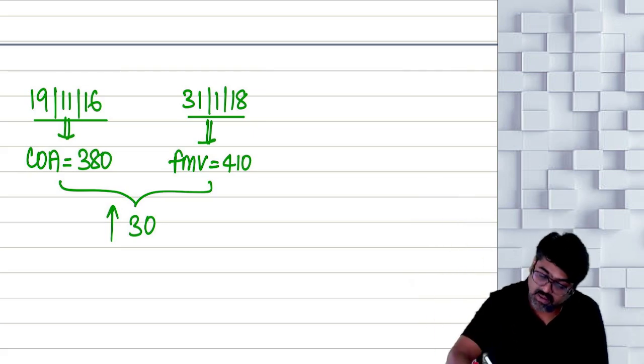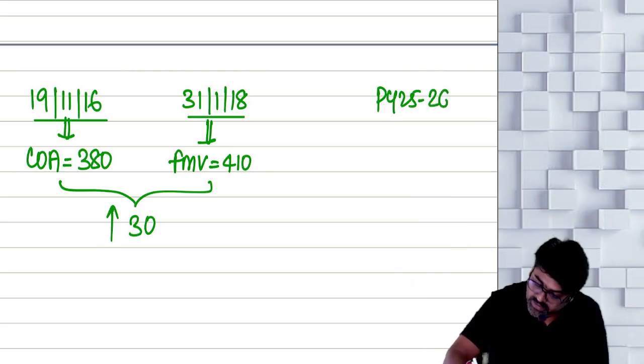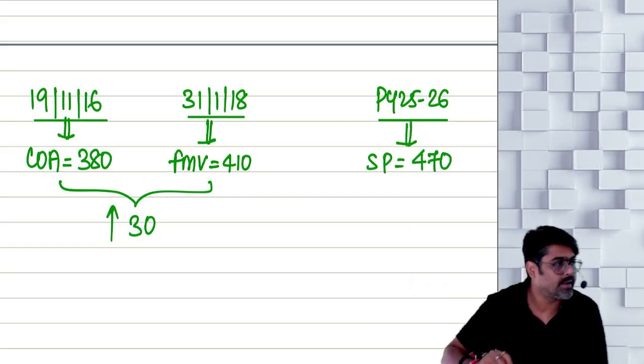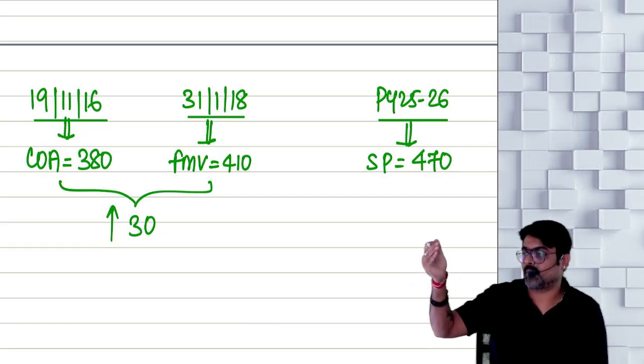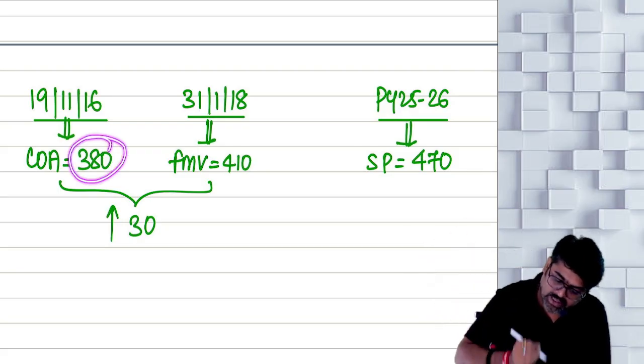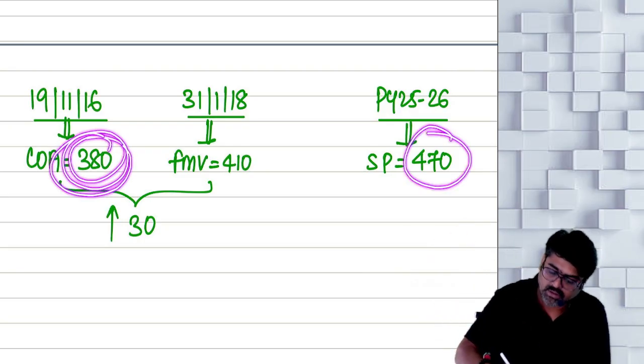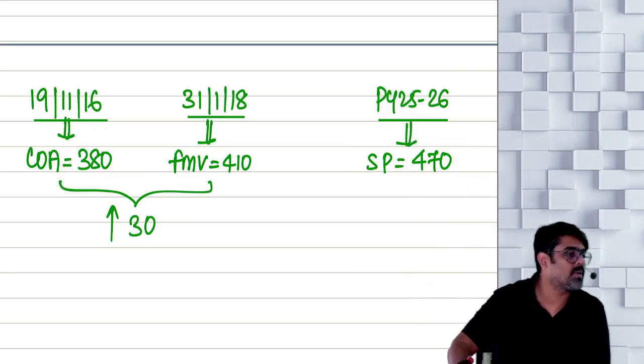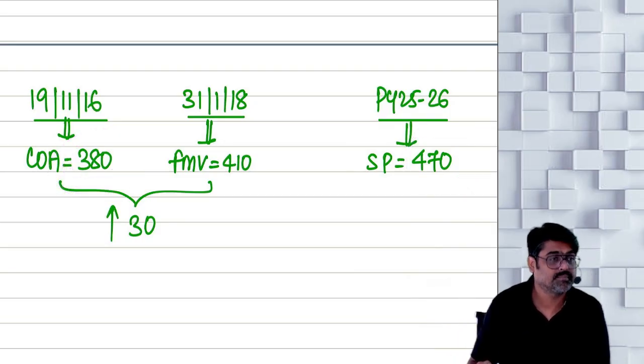So for example, if you are selling these shares in previous year 25-26, and you are selling them for how much? Your selling price here was 470. So selling the shares for 470 and cost is taken as 380. 470 minus 380 will give you a total profit of 90.